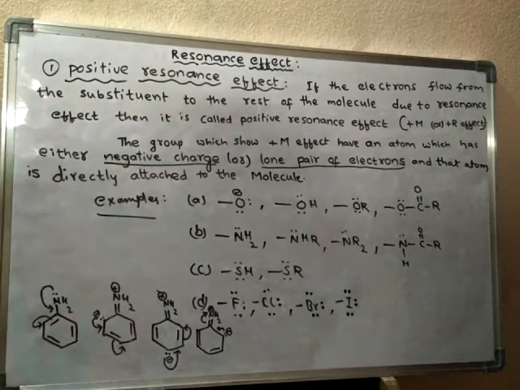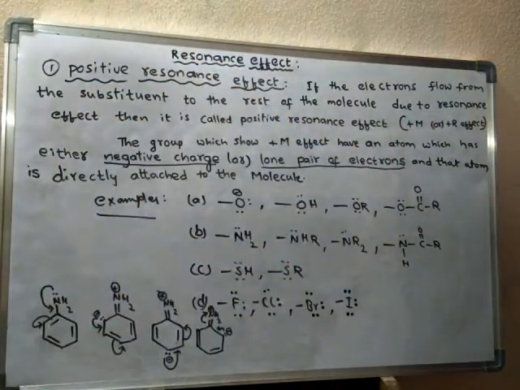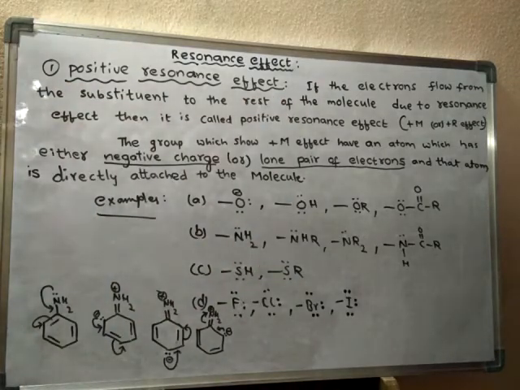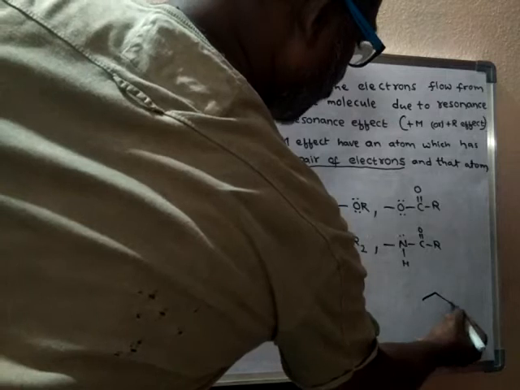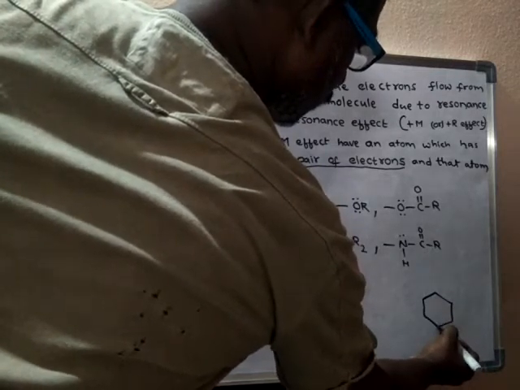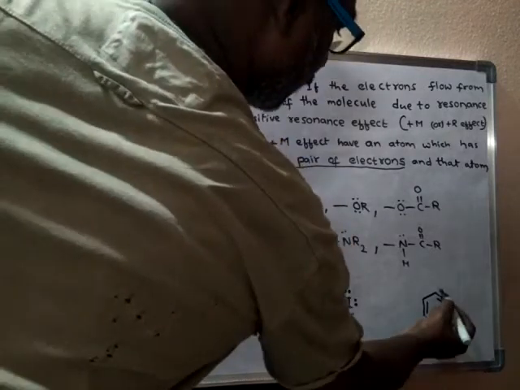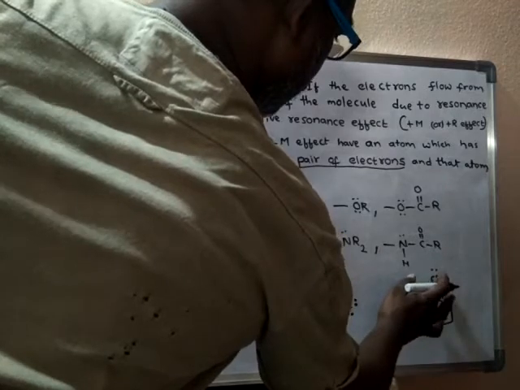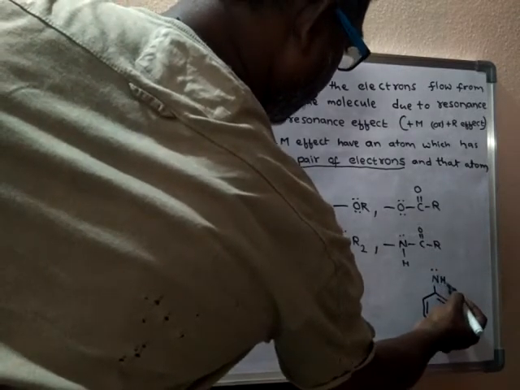Positive resonance effect: if the electrons flow from the substituents to the rest of the molecule, for example, suppose this is benzene and this is chlorobenzene, or else aniline. Let us take aniline.